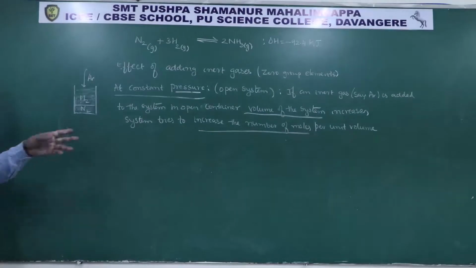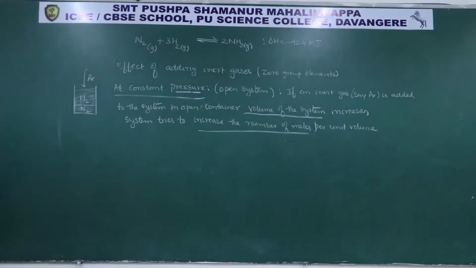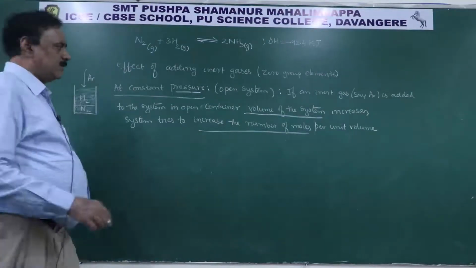Whenever at constant pressure the volume increases, the number of moles per unit volume is increased by increasing the total number of moles.